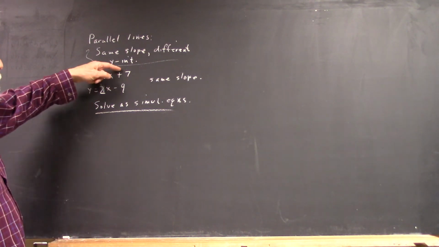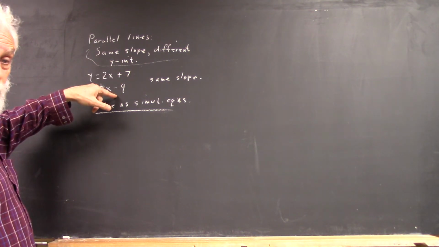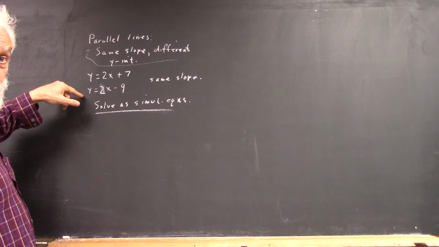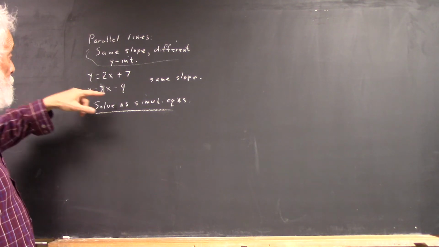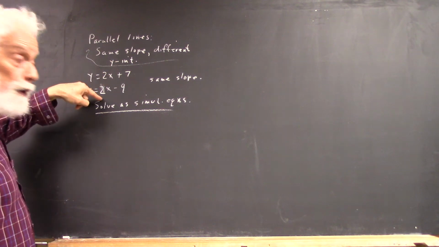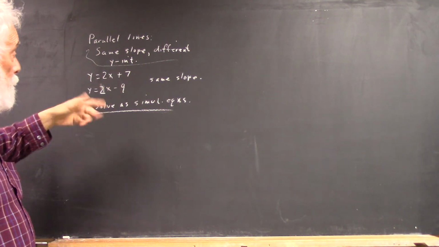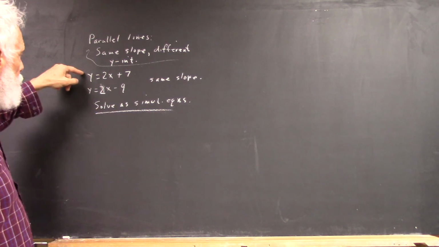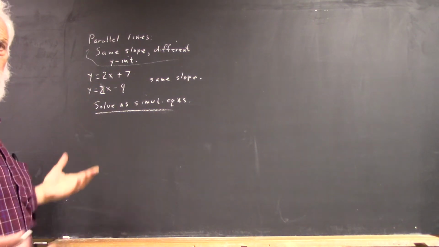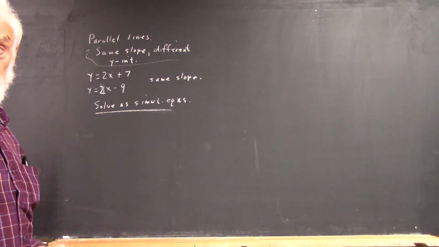If you did a multiple of -9 here and 7 here, you get rid of the numbers over here, right? But you wouldn't get rid of x or y, because you would have -18x and 14x, or rather -9y and 7y, which wouldn't add up to 0, right? You want one of your x's or y's to add up to 0.